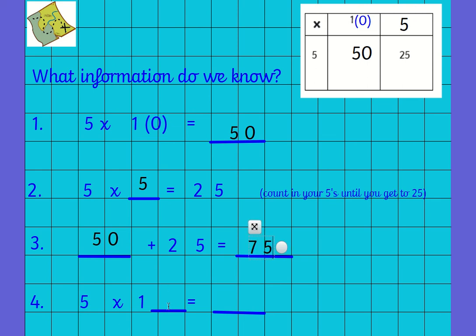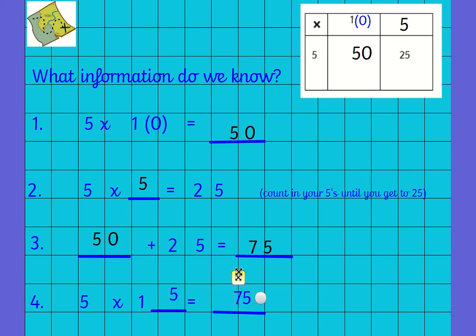And we know therefore that 5 times 15, 5 times 15 therefore equals 75.